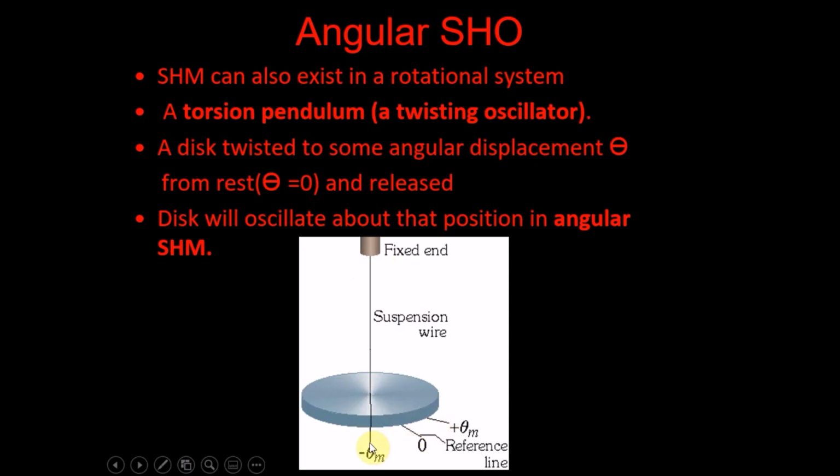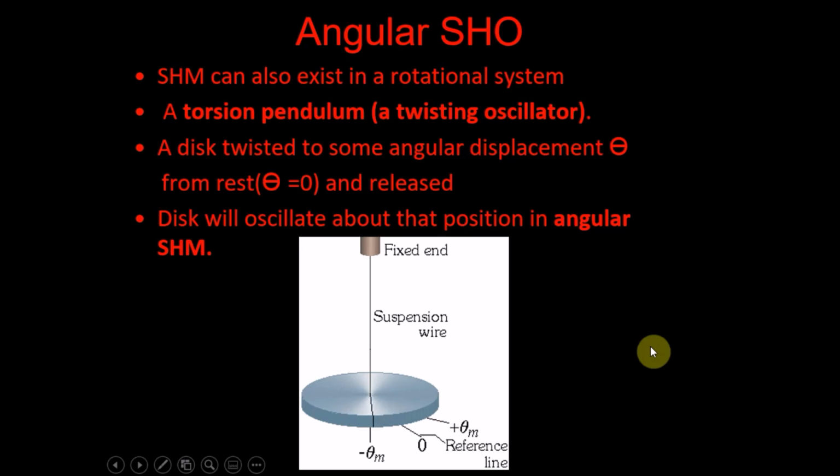These could either be measured in radians as usual, or you could put them in degrees if you wished. But the disk will oscillate between plus theta and minus theta about some single rest point. So this is a case of angular simple harmonic motion, where this disk is bouncing back and forth in this fashion.